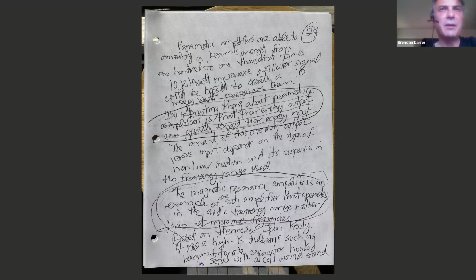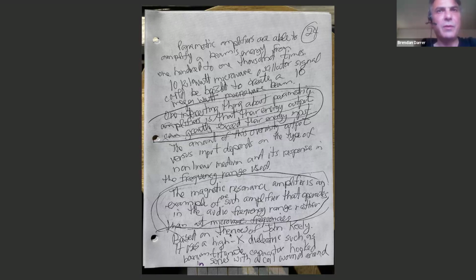The magnetic resonance amplifier is an example of one such amplifier that operates in the audio frequency range rather than at microwave frequencies.